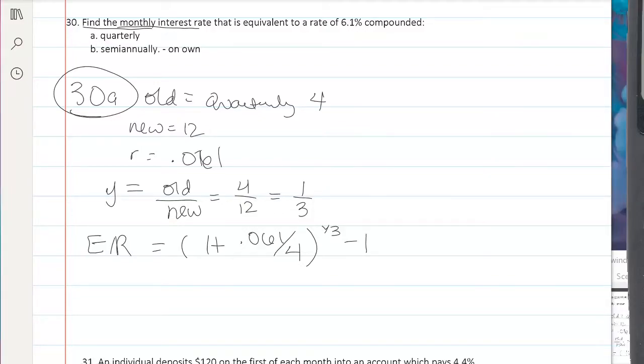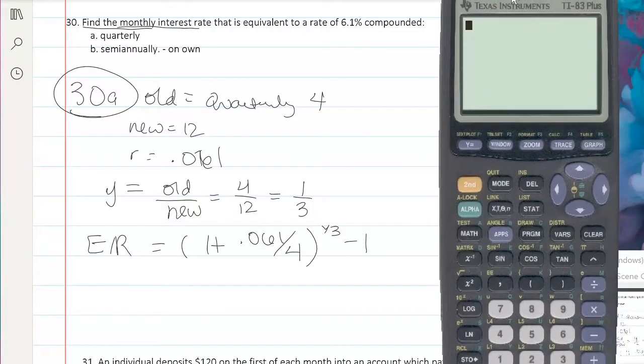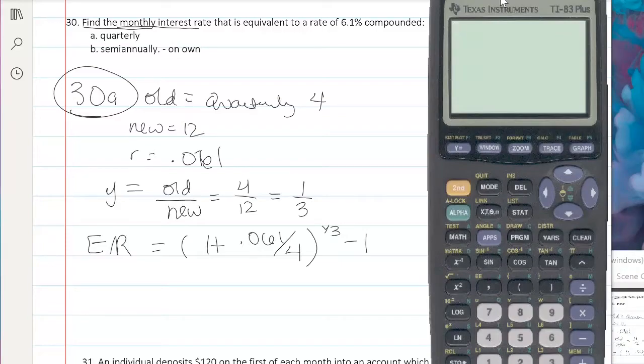On our calculator, that looks just a little funny, but it's not too bad. That's going to be 1 plus 0.061 over 4, and then we need another set of parentheses because we have a fraction exponent, to the 1/3, minus 1.